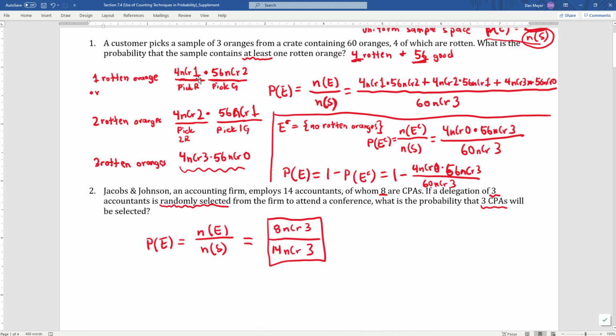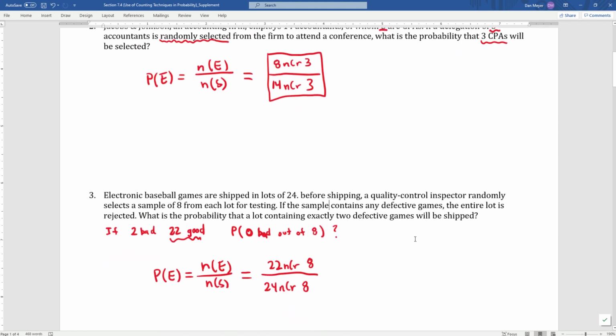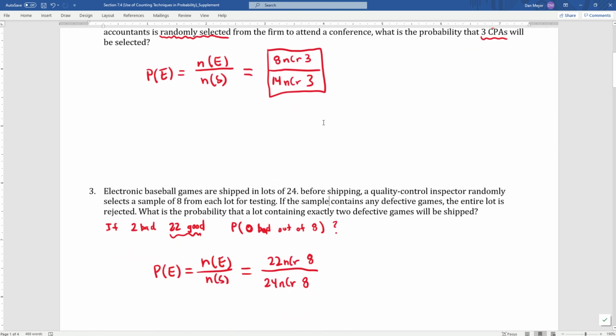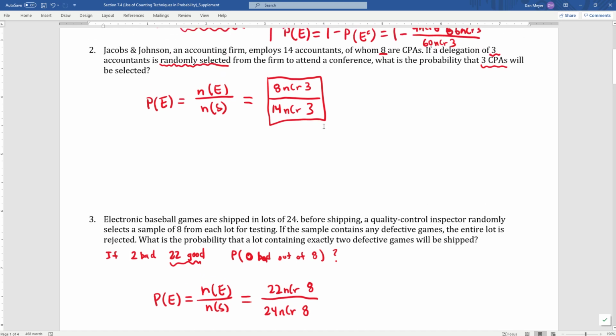It was just that the event in number 1 was one of these at least problems where we also had to break up the event into cases, or partition our event in addition to our selection set. So I guess the point is that 2 and 3 look a lot easier, and the reason that 2 and 3 are easier than 1 is because we didn't have to partition our event, because this was exactly 3 CPAs in number 2, or exactly 0 bad games in number 3.